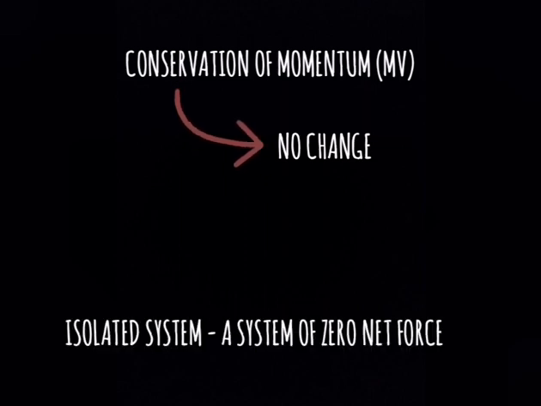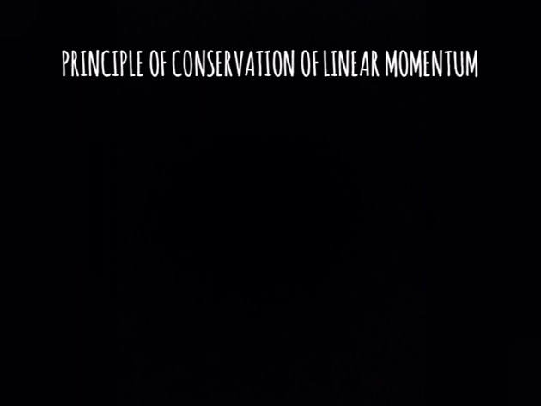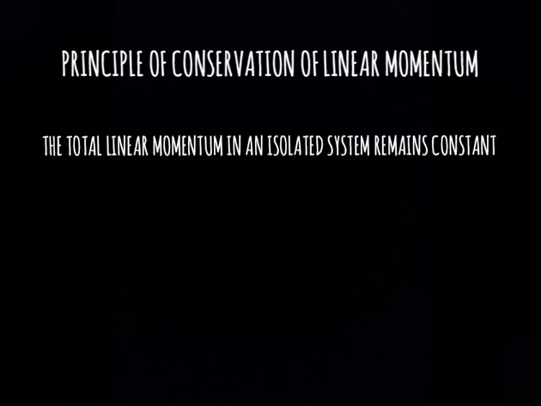Now, this term you must understand: isolated system, a system of zero net force. The principle of conservation of linear momentum, you must know its definition too. The total linear momentum in an isolated system remains constant.